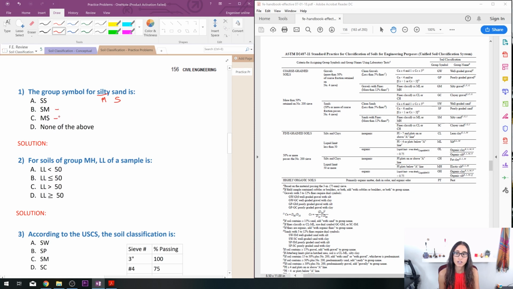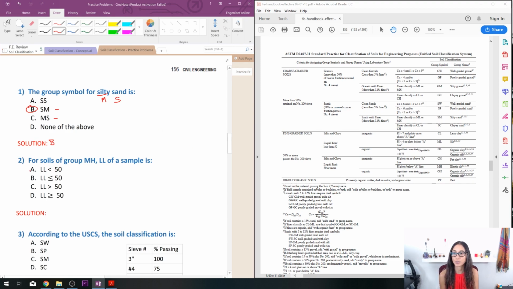You can just look at the table, and it tells you there's no MS at all. There's only SM, which is silty sand, so that's your answer: SM. This is a really easy question. The first two are really simple, just a review, but then it gets a little bit harder.